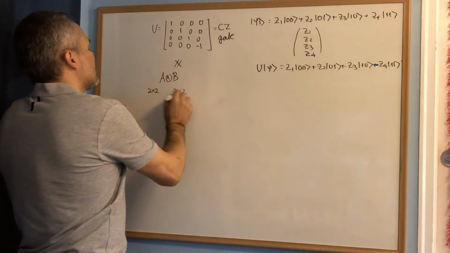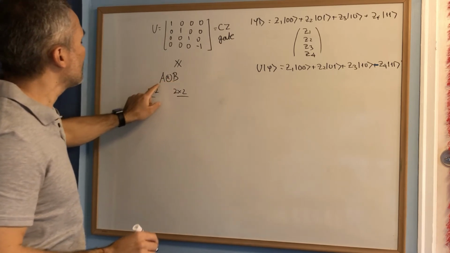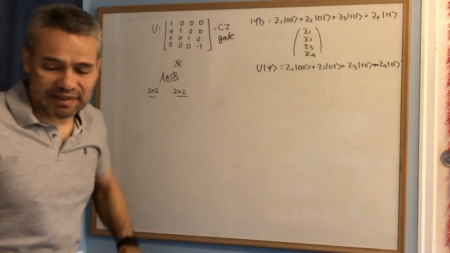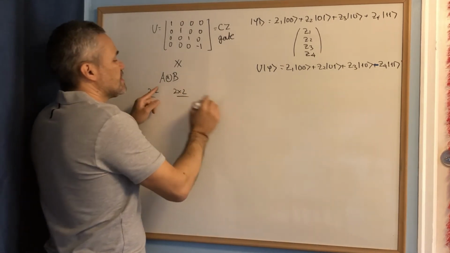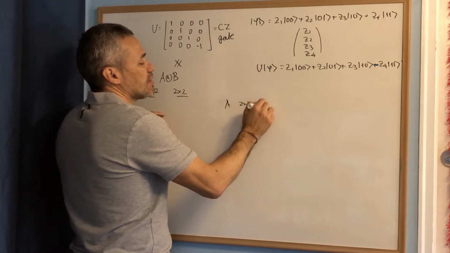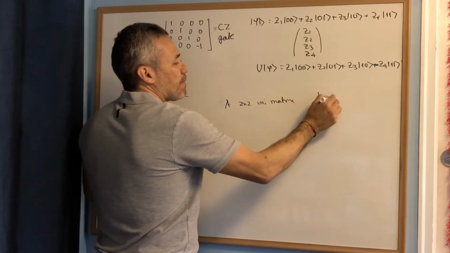This is a 2x2 unitary matrix. This is a 2x2 unitary matrix. If you consider every possible tensor product of two unitary matrices, you will never get this gate. By the way, when you have a gate that is a tensor product of 2x2 unitary matrices, then we call this a local gate.